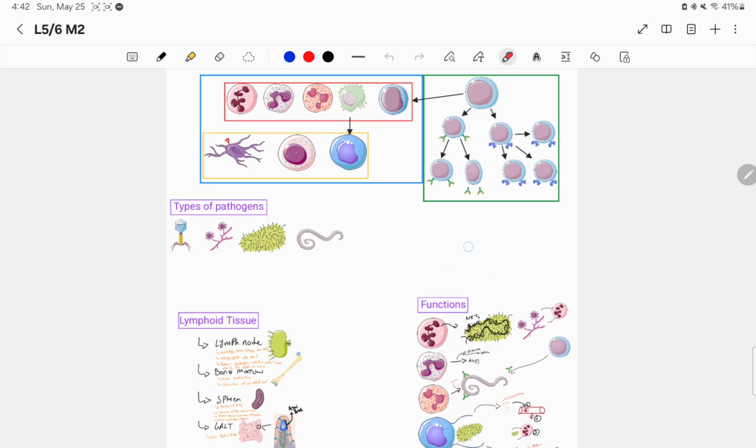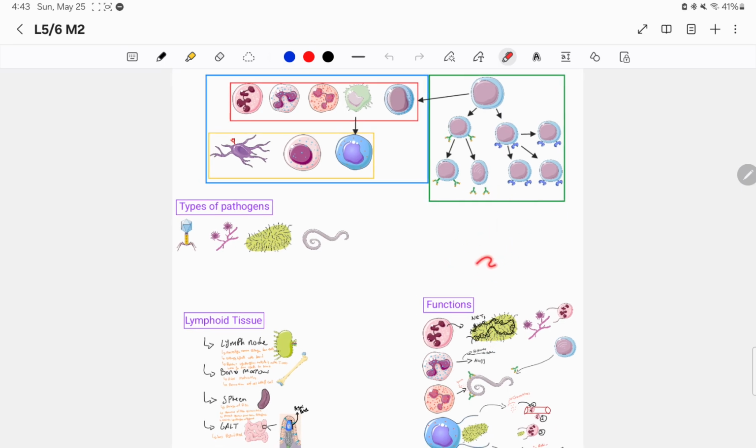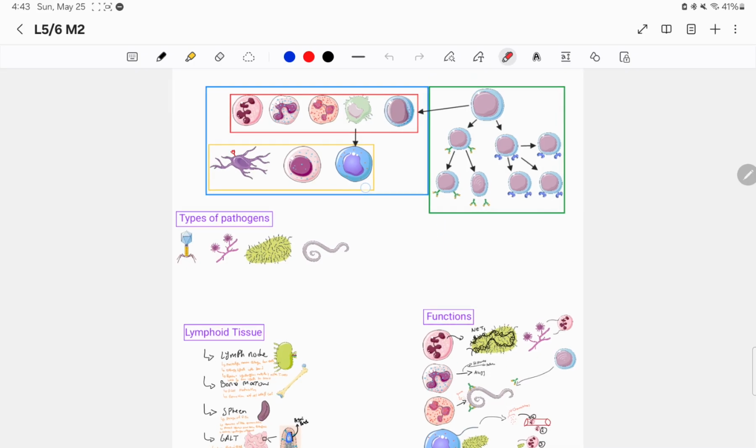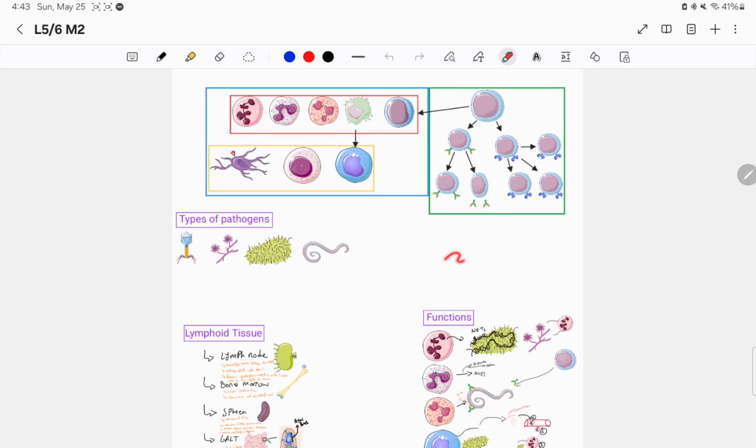Okay, and throughout the course of this video, you'll notice that I'll keep mentioning a lot of redundant pathways, and this is because the immune system can be quite dangerous if it's not kept in check. And so we like to keep a lot of redundancy and checks and balances to prevent the immune system from just attacking us randomly.